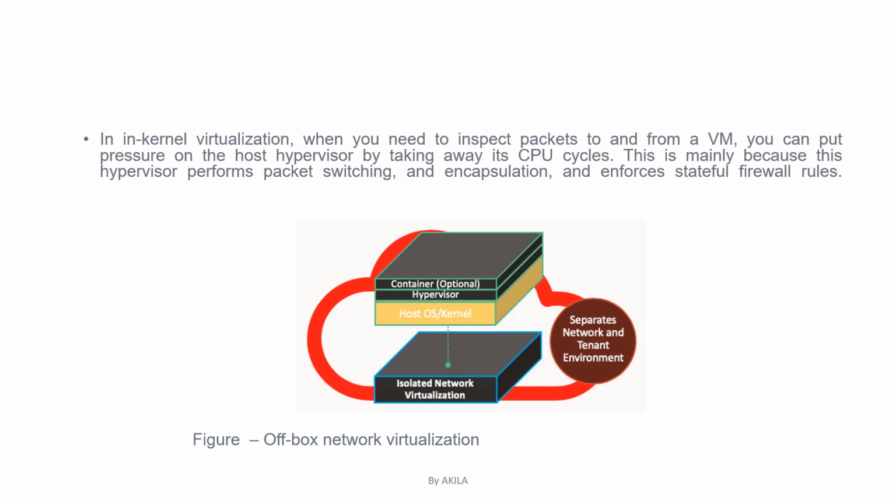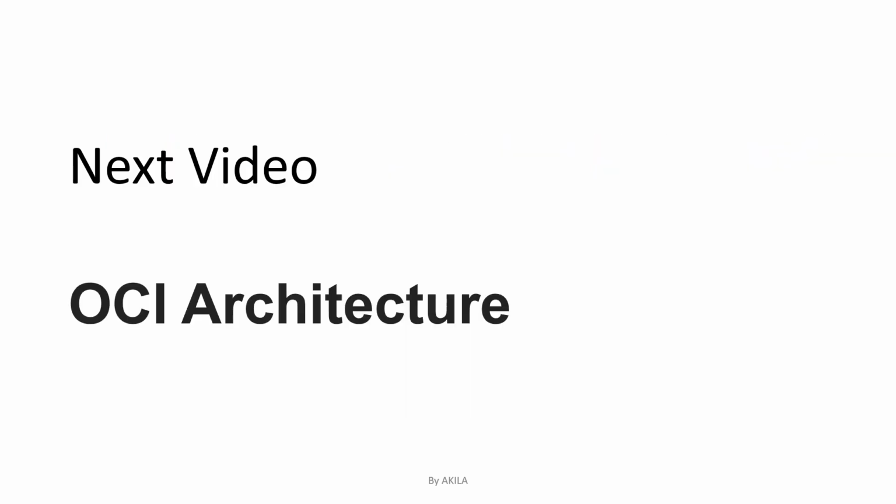So in in-kernel virtualization, CPU cycles are stolen, and based on that, we can provide our guest OS to run our applications. For that purpose only, we are using in-kernel virtualization.